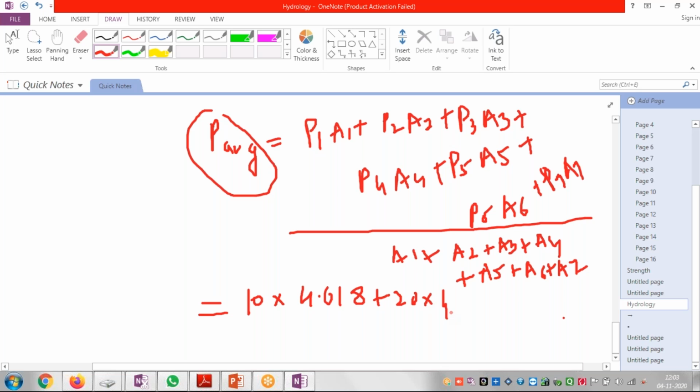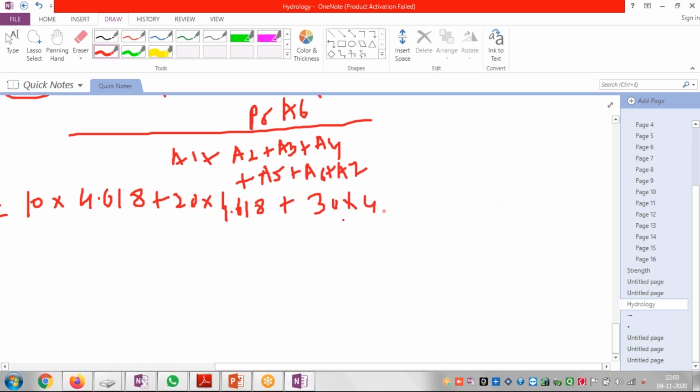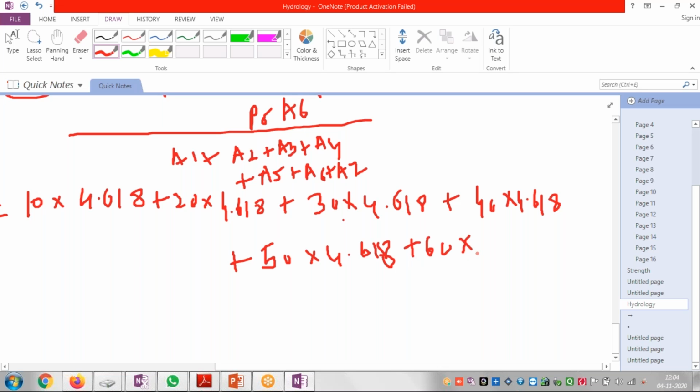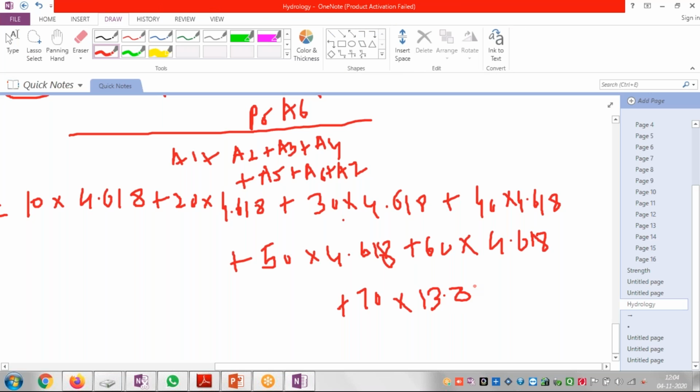20 into again 4.618, plus then this one will be 30 into 4.618, plus 40 into 4.618, plus 50 into 4.618, plus 60 into 4.618, plus 70 into what was that area? 13.8485.